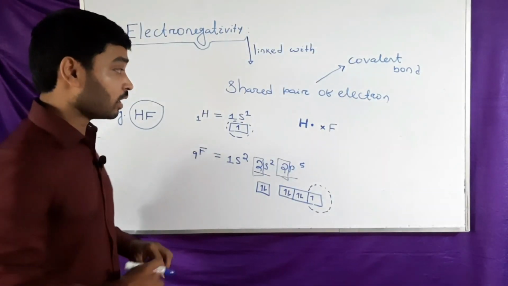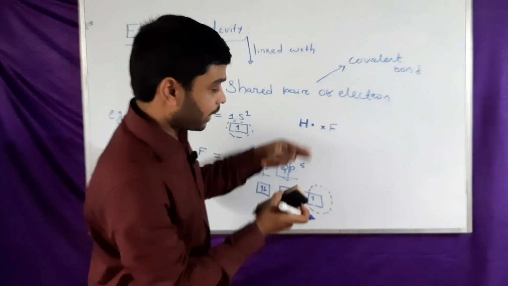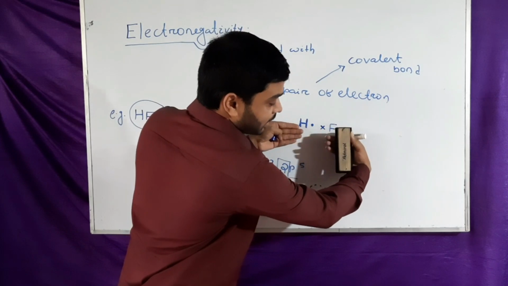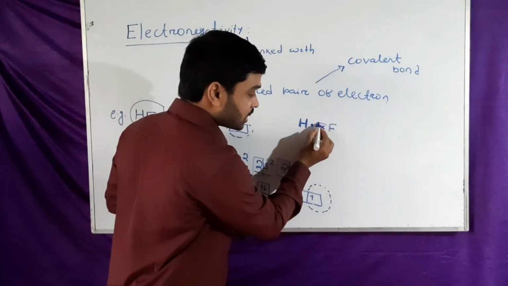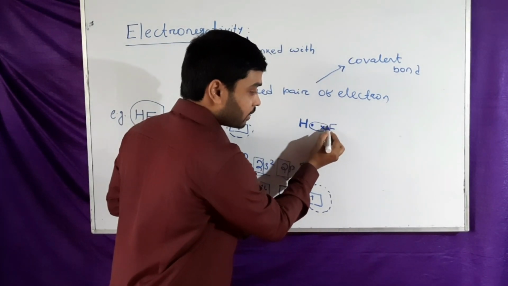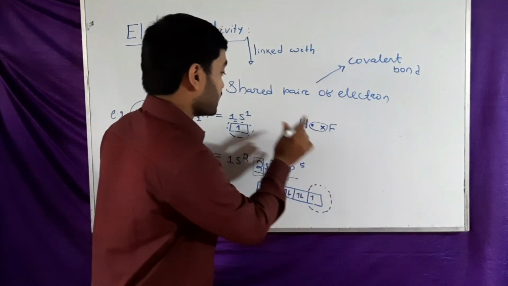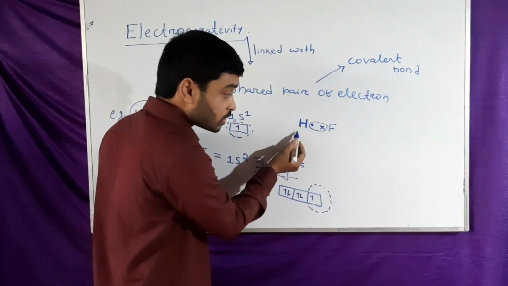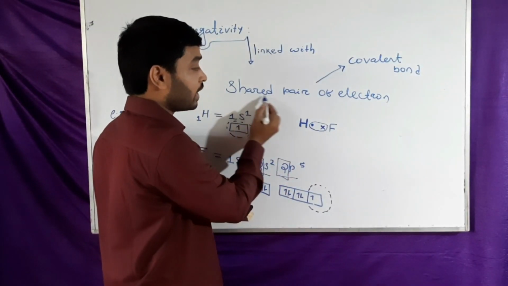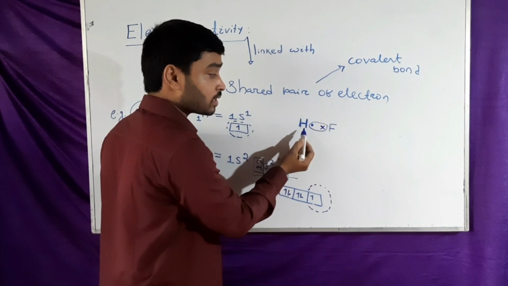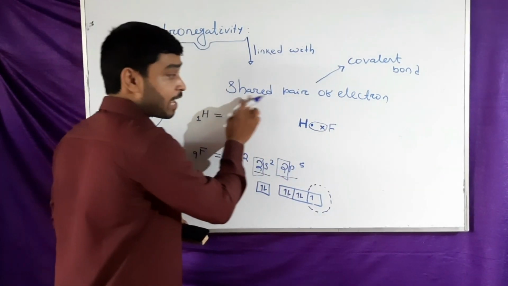So what will happen here? The unpaired electron of hydrogen will pair with the unpaired electron of the other atom, resulting in the formation of a pair of electrons. This pair develops due to the sharing of the unpaired electrons of the hydrogen and fluorine atoms, so it is called a shared pair of electrons.